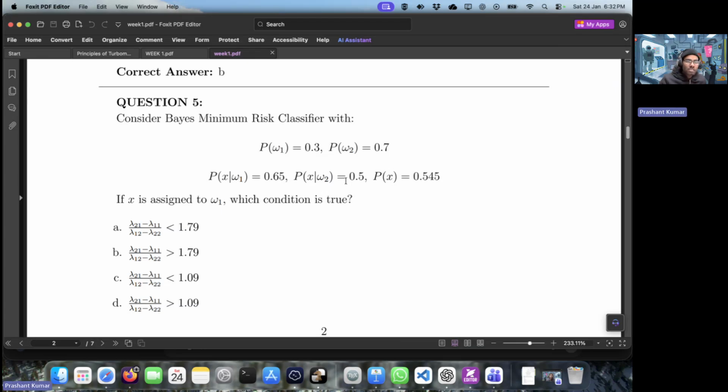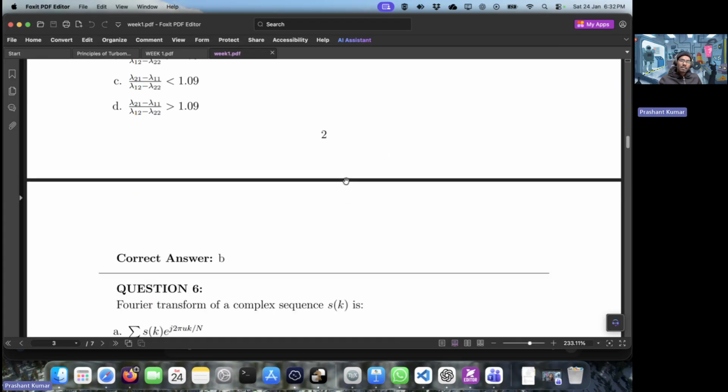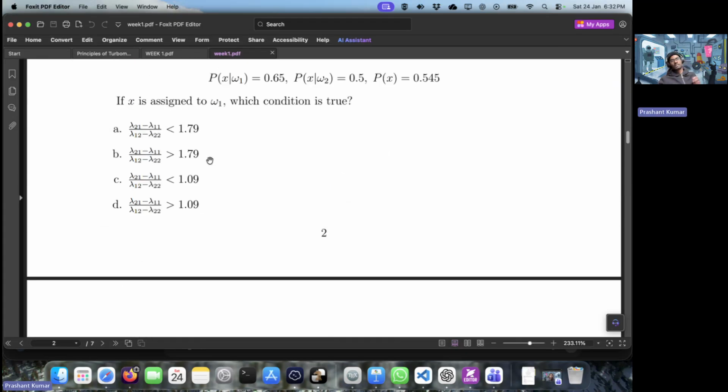If you have this ratio of 2 by 1, then when it goes to this side and this side, it will always be greater than 1.79. And the question asks, if x is assigned to W1, which condition is true? So basically option B is true, right? Yes, option B is true.